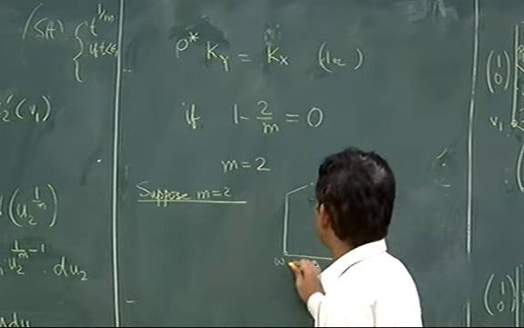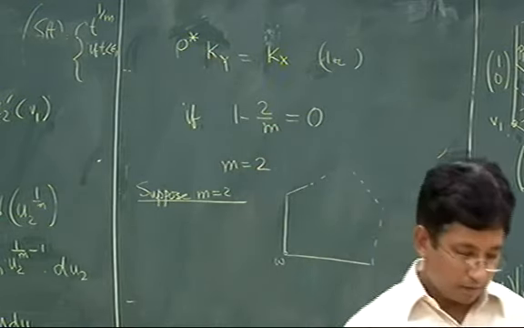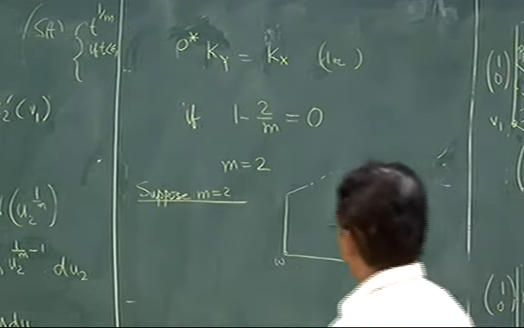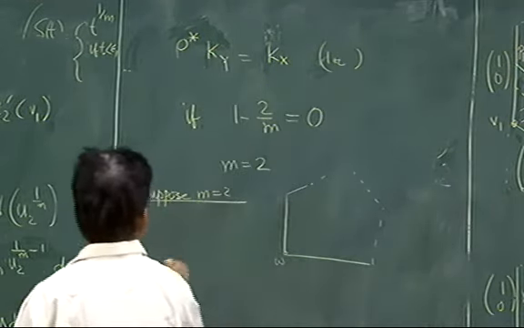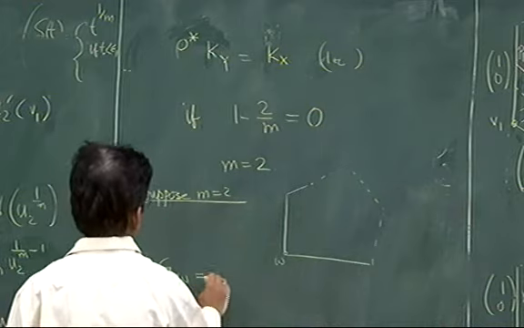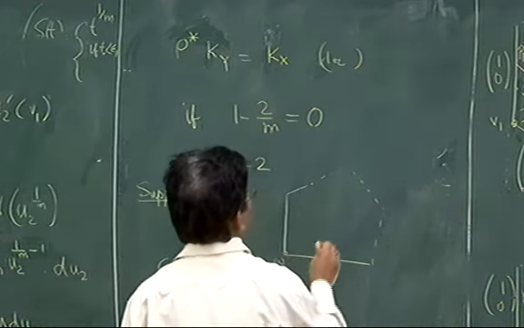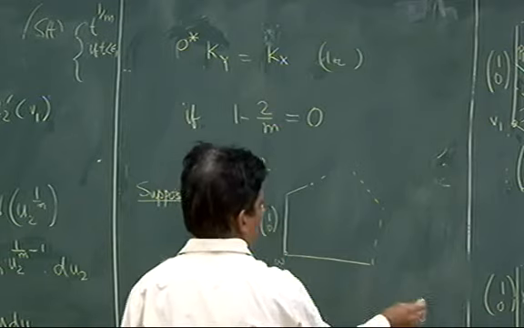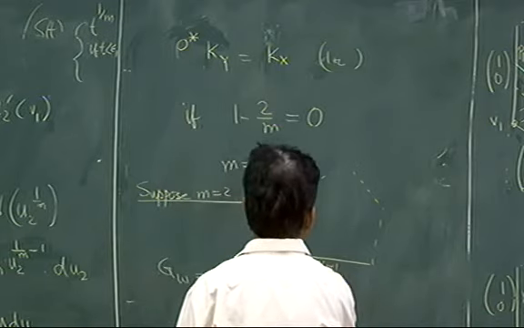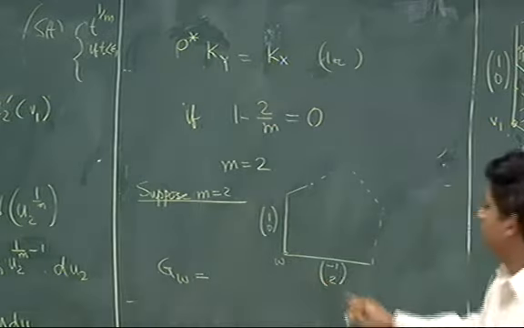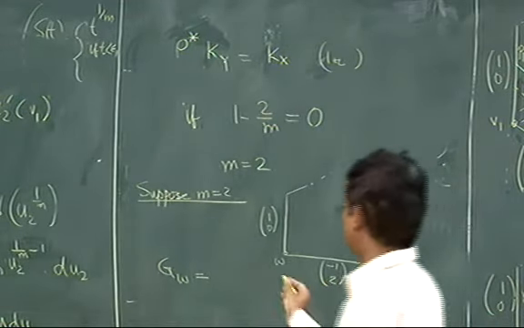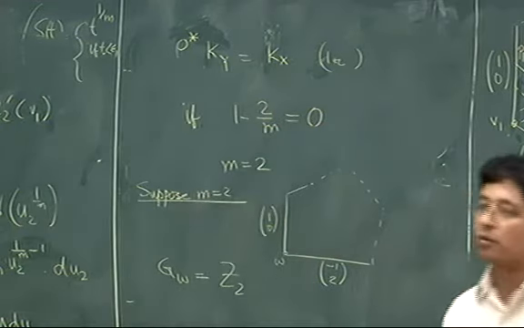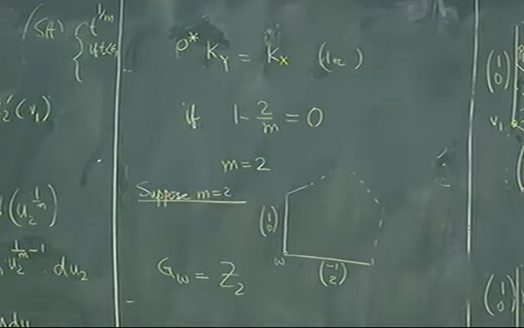W, GW. Okay, so what were the characteristic vectors? That was 1, 0 and minus 1, 2. Now, because m is 2, ZW is just the cyclic group of order 2. Right.